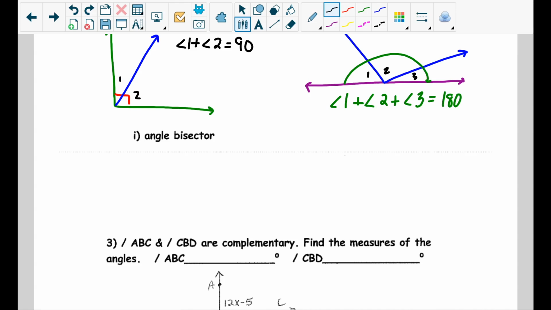Last one here, angle bisector. Well, what's bisect mean? Yep, bi is 2, right? Bicycle, 2 tires. So bisector cuts it into 2 equal parts. So if I have an angle here, and again it can be any type of angle, let's put some letters on here.